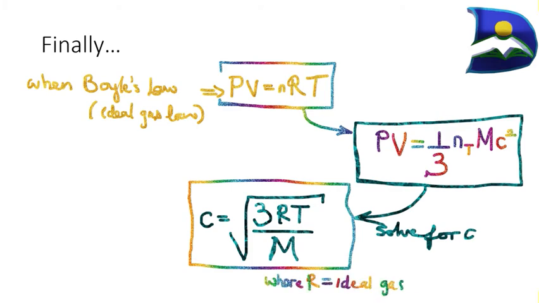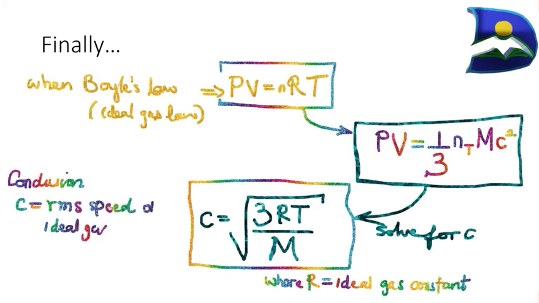Therefore, since R is the ideal gas constant, we can conclude that since c is the root mean square speed of an ideal gas, which is also related to the molecular speed, the root mean square is directly proportional to the root of the temperature and is inversely proportional to the molecular weight.